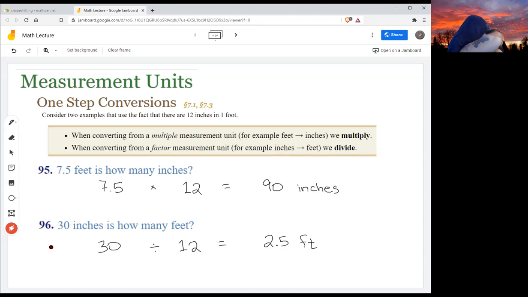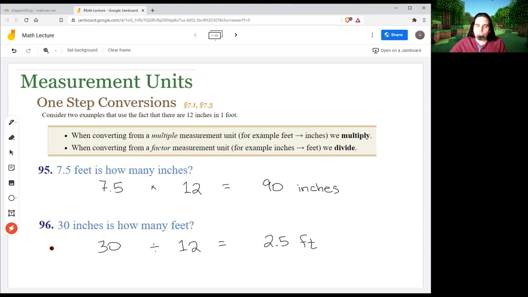If you have enough brain space, then if you do it the wrong way, you'll catch yourself. If I took 7.5 and divided by 12, and I got 0.625, less than an inch, then I should think to myself, wait a minute, something's wrong. I know 7.5 feet is taller than me. That has to be more than an inch.